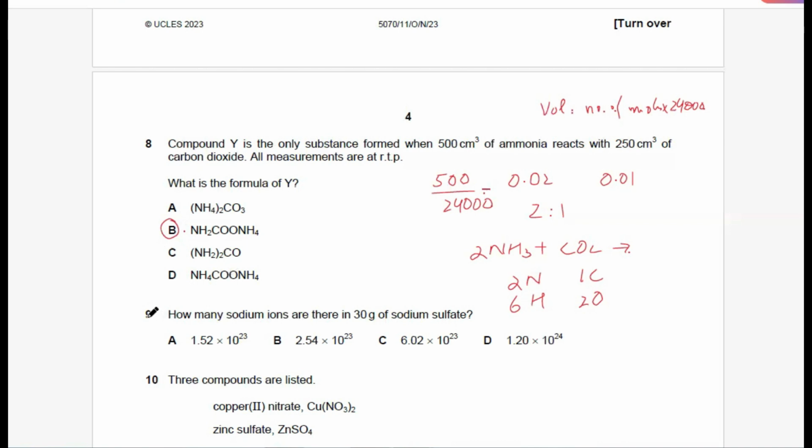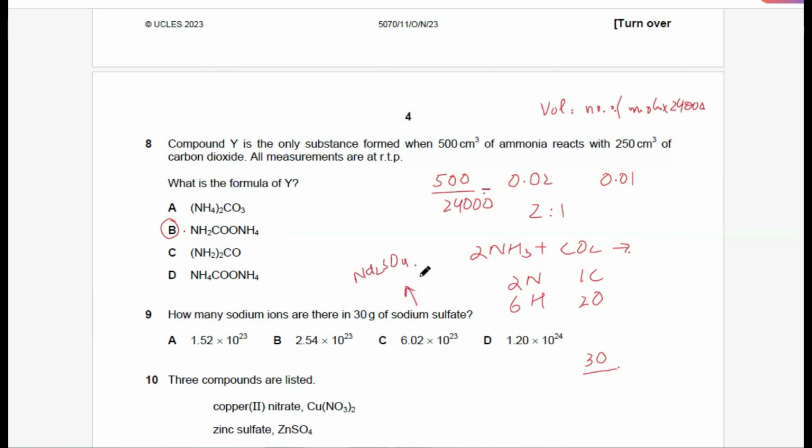Now for question number 9, how many sodium ions are there in 30 grams of sodium sulfate? First of all, we need to convert it into moles. So 30 divided by the MR of sodium sulfate, Na2SO4.